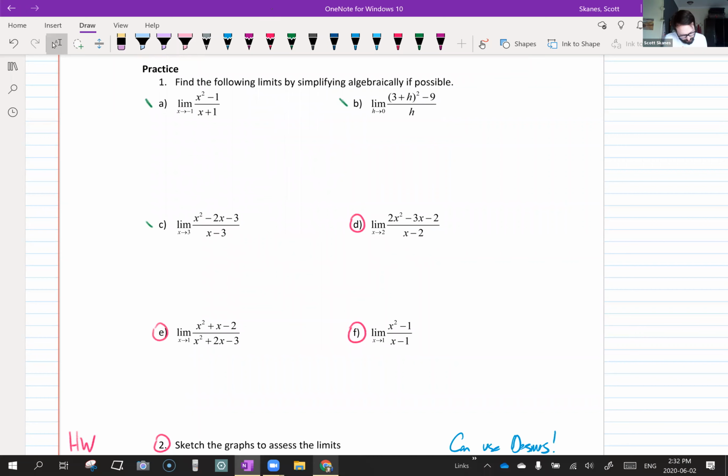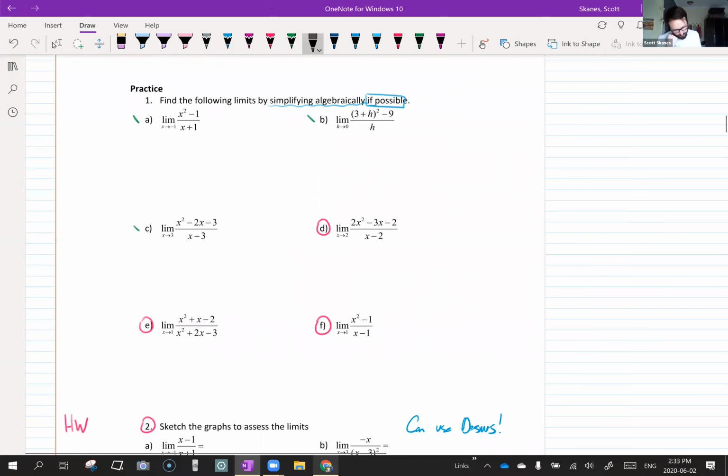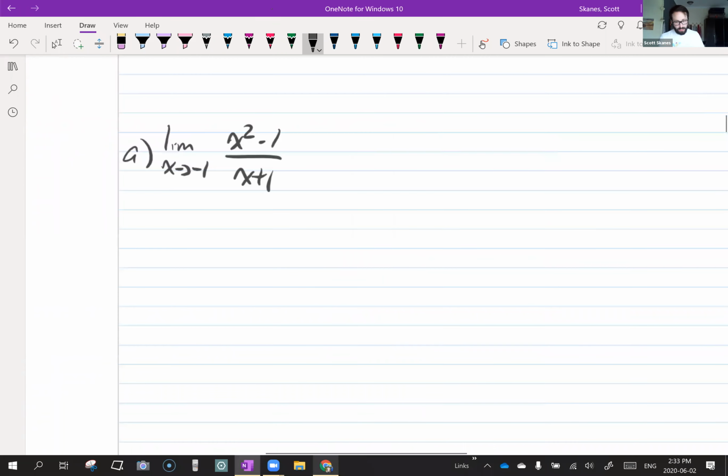Find the following limits by simplifying algebraically, if possible. All right, let's see this. First things first, always consider if you can do it directly. So to the side here, I'm going to do the first one. Let me just write it out. I'm just going to look at this. Can I do this one?